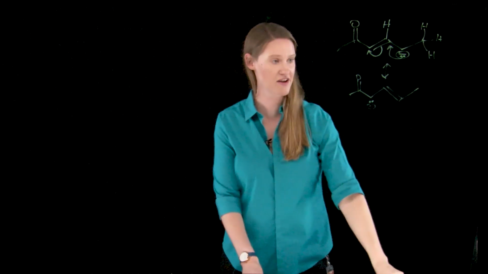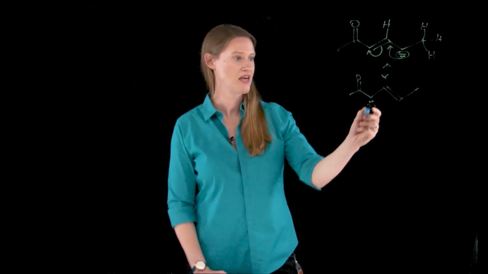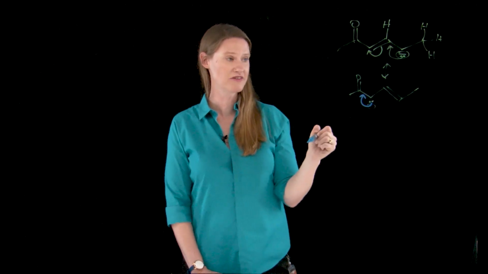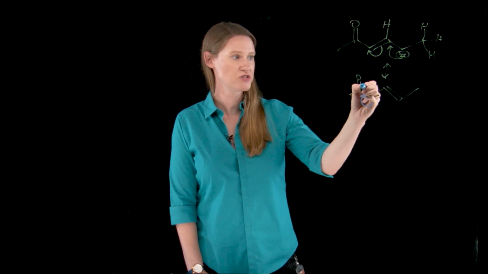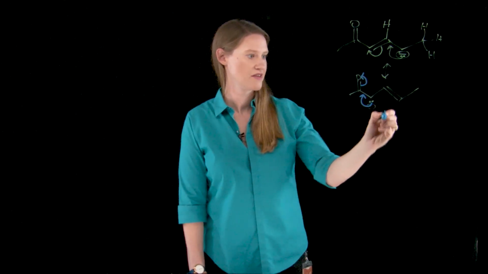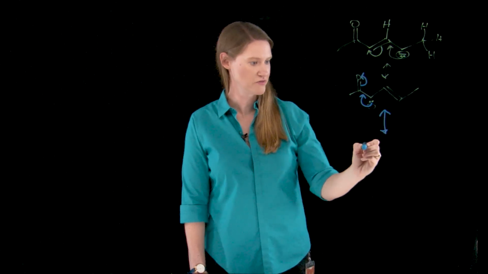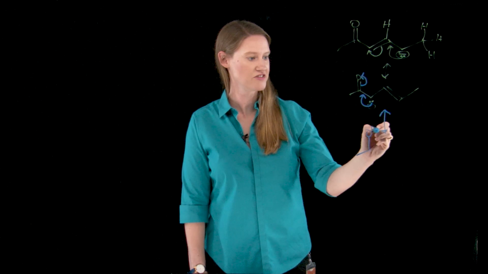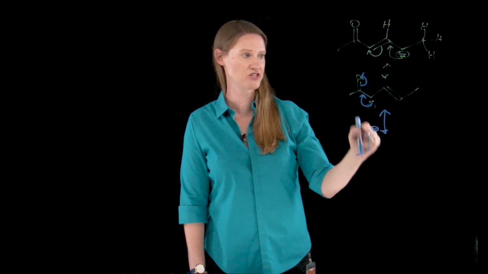But I don't need to stop there. I can do another one. I can move these electrons to make a new double bond by moving 2 of these electrons onto the oxygen. If I draw that resonance form, it's going to look like this. This oxygen is now officially negatively charged.